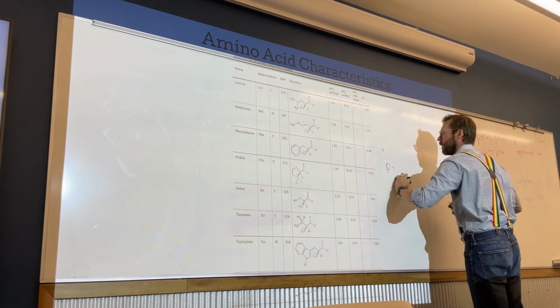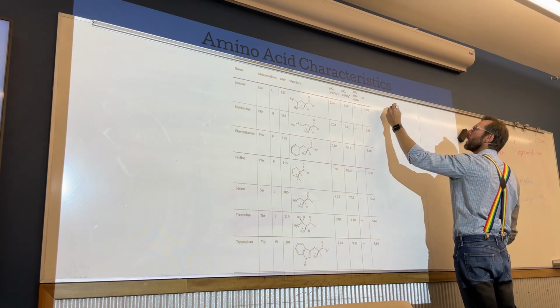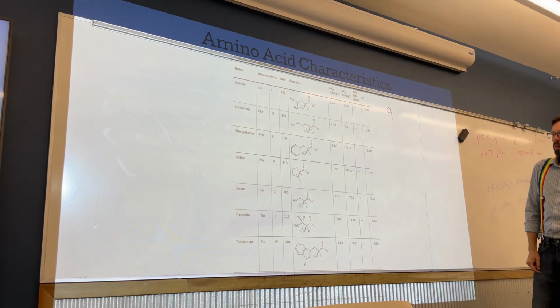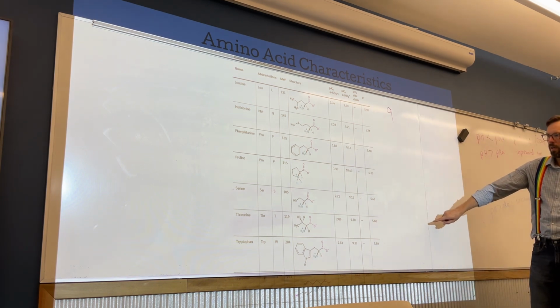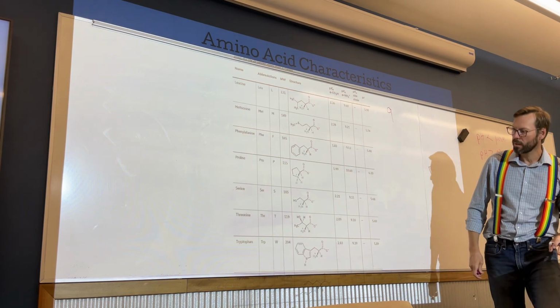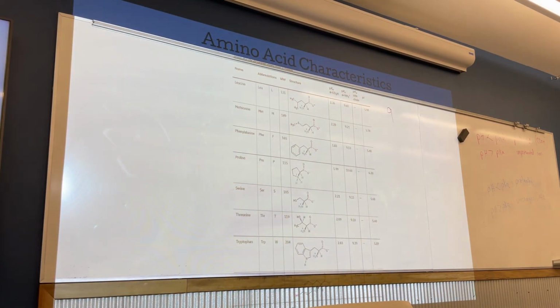What's the next one? Tyrosine at pH 9. Must be the very bottom there? Yes, it is. Okay, so pH 9, that means our pKa is less than.